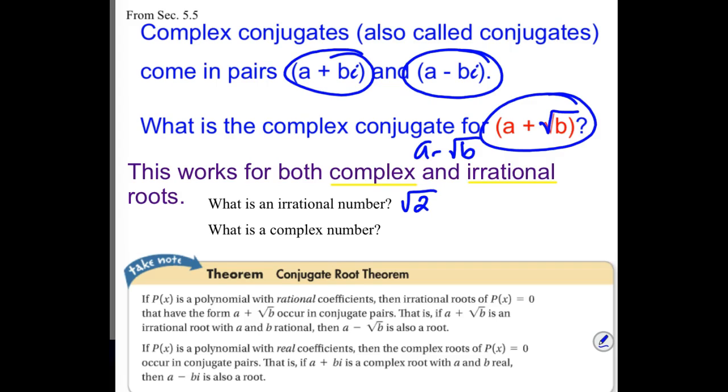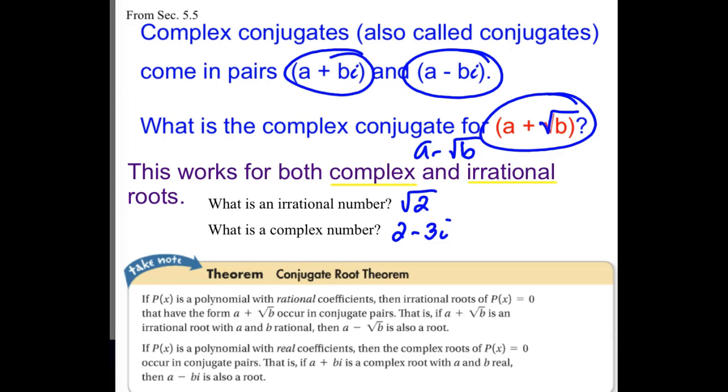That also has to be one of my zeros. So irrational numbers would be things that have those square roots in them. Complex numbers are the ones that have the real and imaginary part to them, so things like 2 minus 3i. If you see either of those types of zeros, then we know its pair has to be in there.